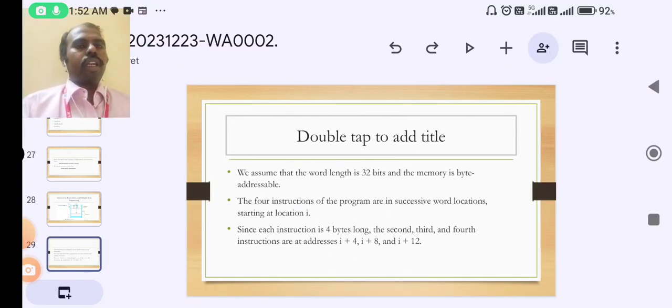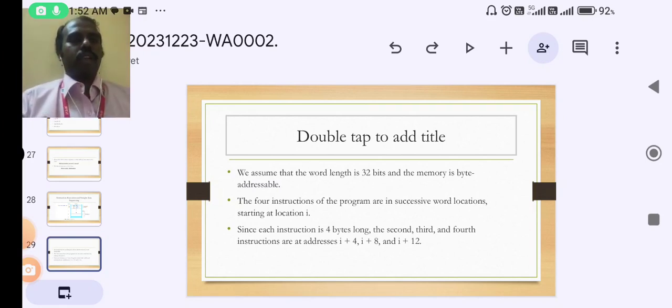We assume that the word length is 32 bits and the memory is byte addressable. The 4 instructions are in successive word locations starting at location I. Since each instruction is 4 bytes long, the second, third and fourth instructions are at I plus 4, I plus 8 and I plus 12.